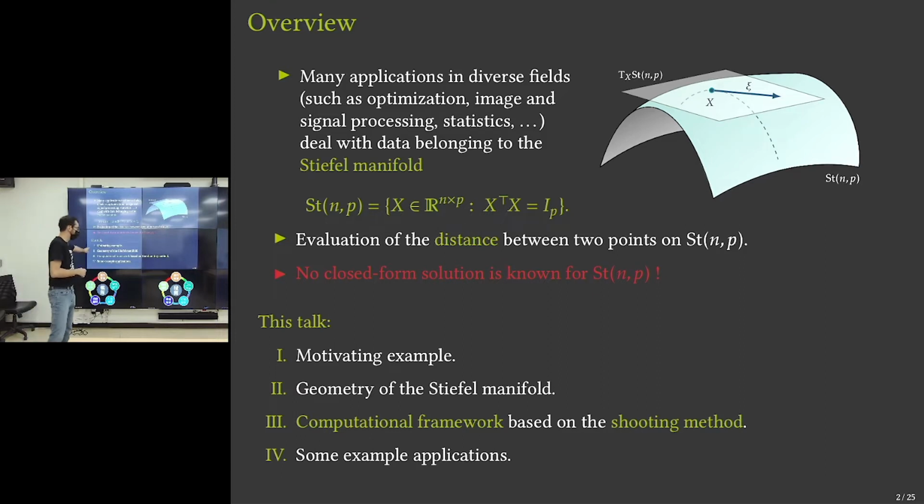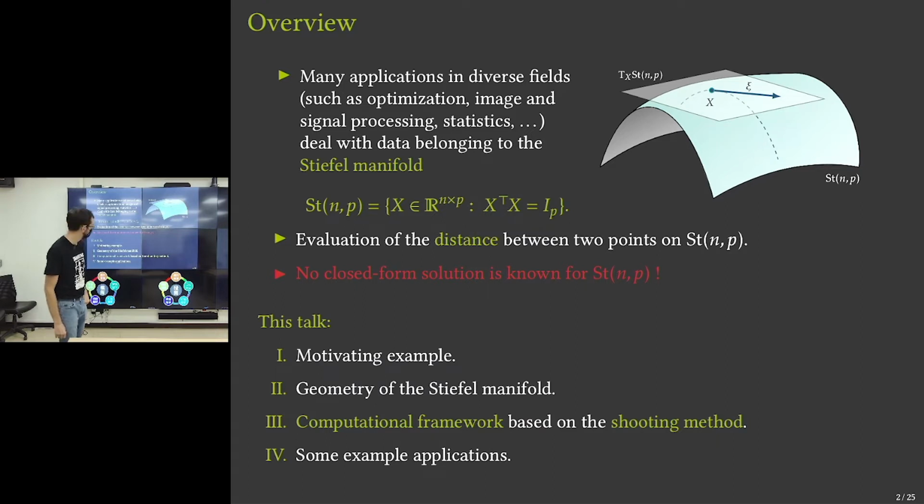So I will start with a motivating example. It will just be a kind of illustration to see what geodesics can look like on this manifold, and also maybe on general manifolds. Then we'll go to some more mathematical part about the geometry of this manifold.